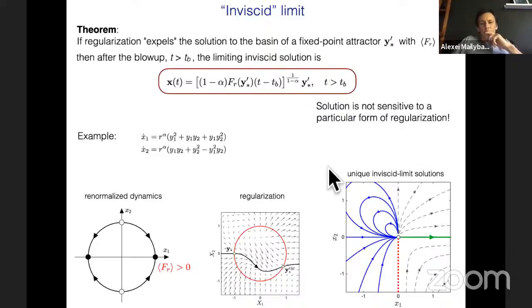So essentially, the theorem tells that in this particular example, because there is only one fixed point attractor which corresponds to the solution which goes away, whatever expelling regularization you put, so the regularization which will not trap the solution but will leave it away, I'm not giving this technical description of what it means, but essentially whatever regularization you put in a small ball of radius nu, which will not trap the solution, and you take the limit of nu going to zero, you will always choose this green solution.